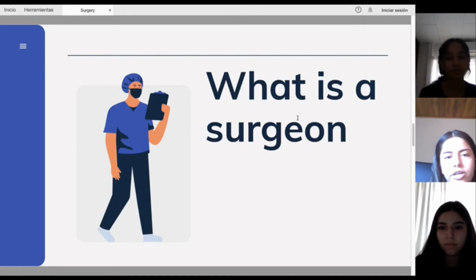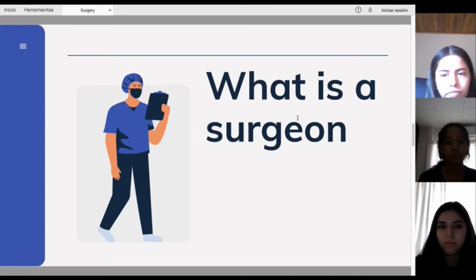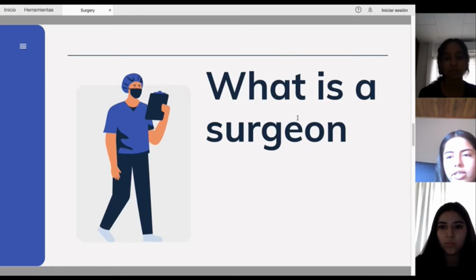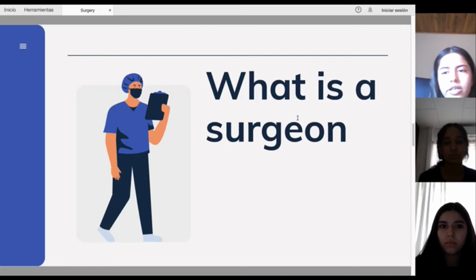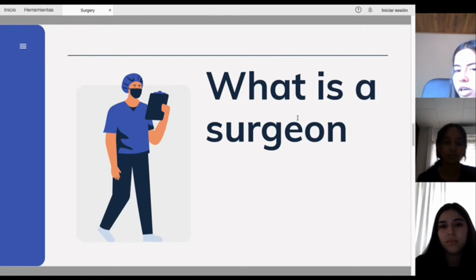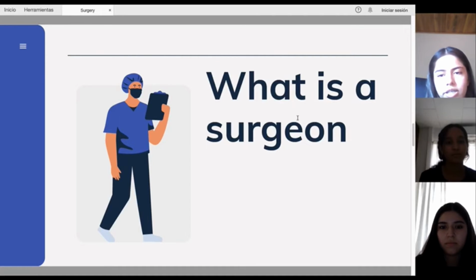What is a surgeon? A surgeon is any doctor who is capable of preventing, detecting, and curing diseases by performing a surgery.